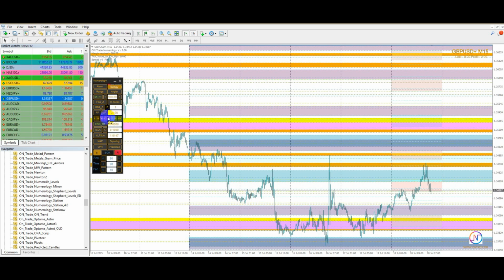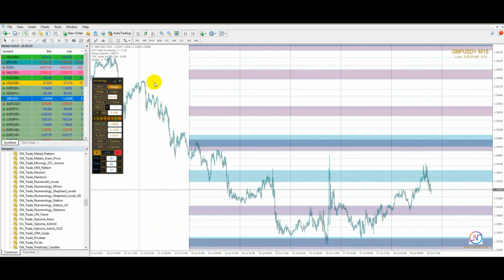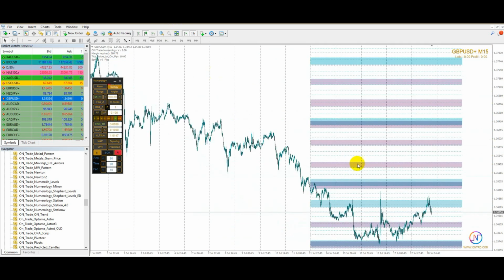You can use weekly and monthly as supply and demand zones. You can note how price reacts with these zones like real supply and demand zones.